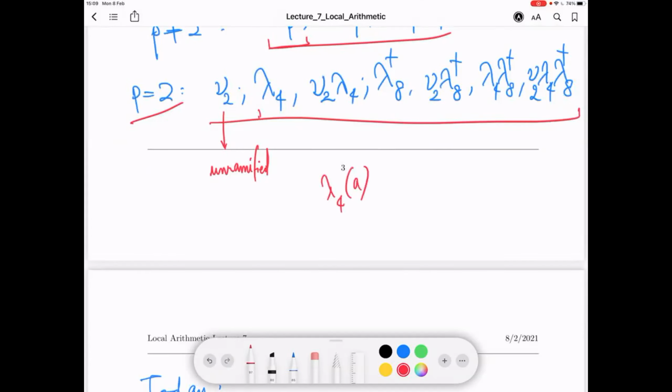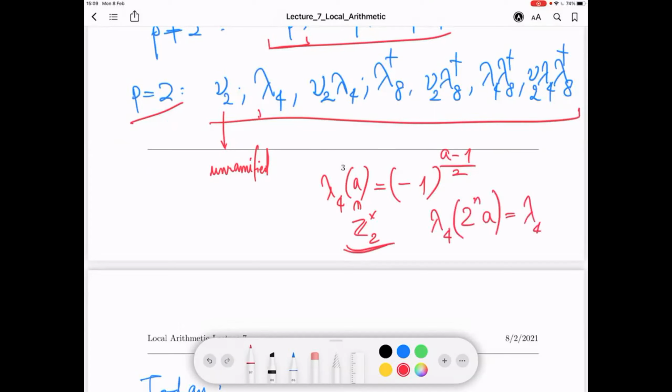For an a, it's just (-1) to the power (a-1)/2, where this a has to be in Z2 star. This makes sense only for a in Z2 star, but we extend it to all of Q2 star by saying that lambda 4 of 2 to the n times a is just lambda 4 of a.